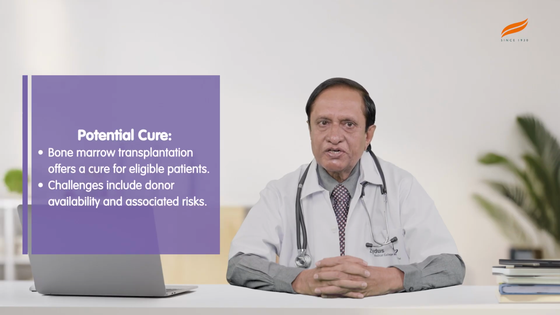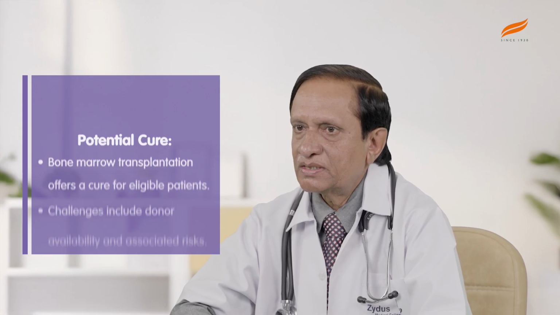Bone marrow transplantation offers a potential cure, especially for young patients with a compatible sibling donor. However, due to limited donor availability and the risk associated with bone marrow transplant, it remains a less common option.